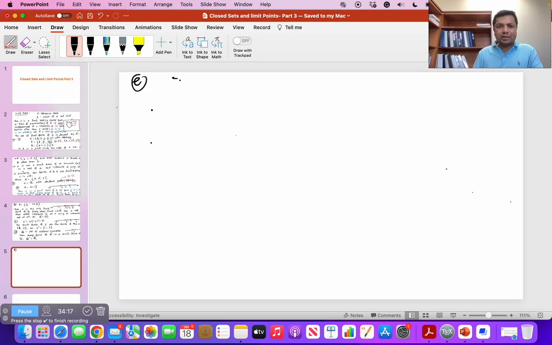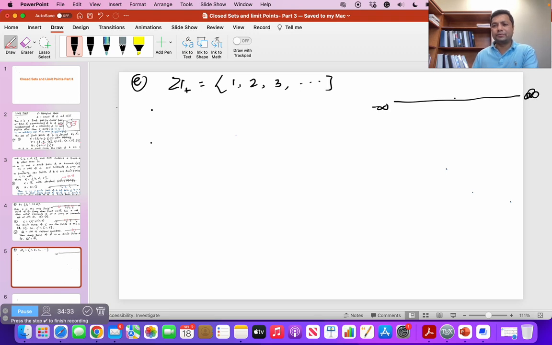Let's say our subset of real numbers is Z plus, which is the set of positive integers only. Here is our real line, this side is positive infinity, this is negative infinity. So our set is 1, 2, 3, 4.